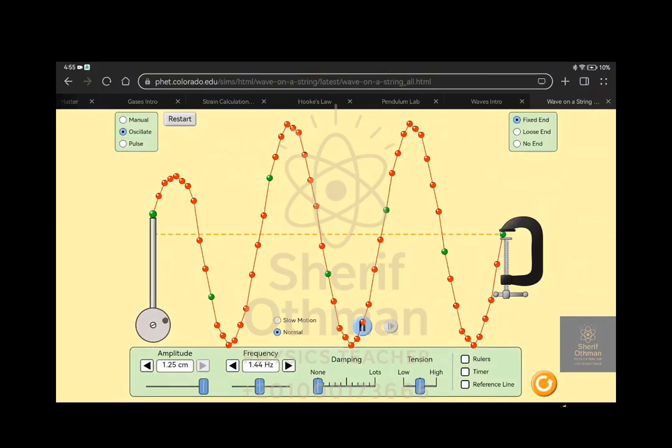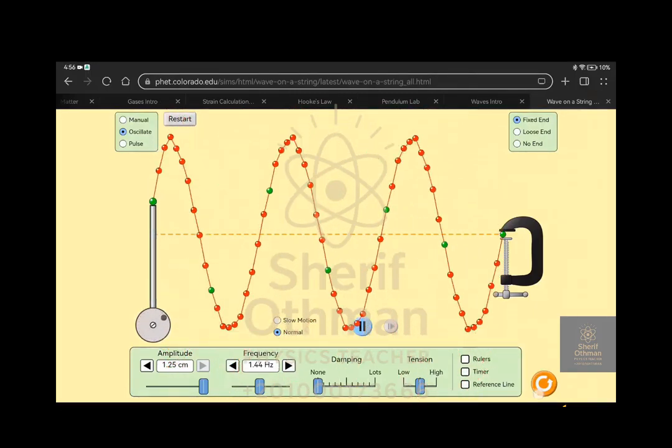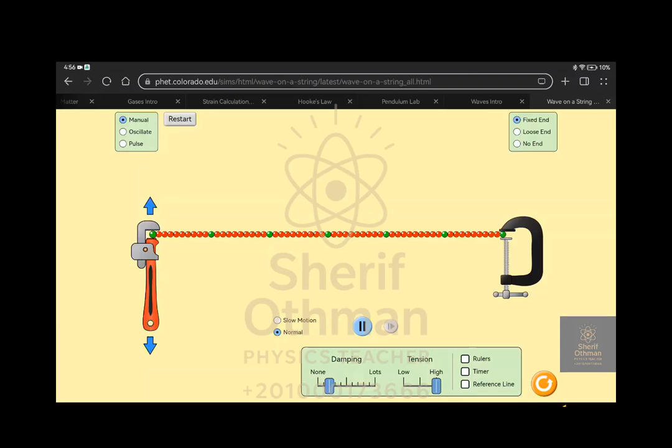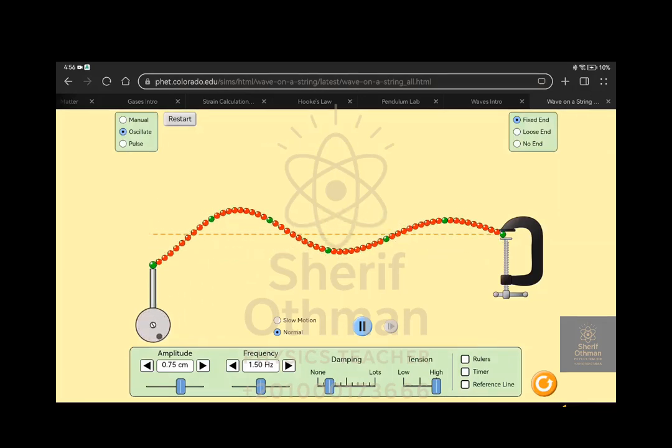As you can see, guys, it reflects back on itself. Notice it again, guys, I'm going to repeat it. I'm going to start, and we'll make the oscillation here. It will reflect back on itself.